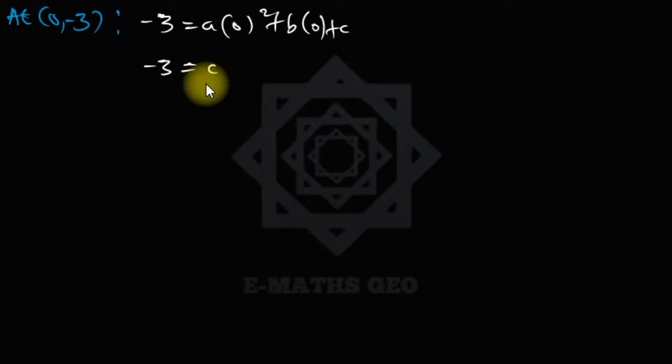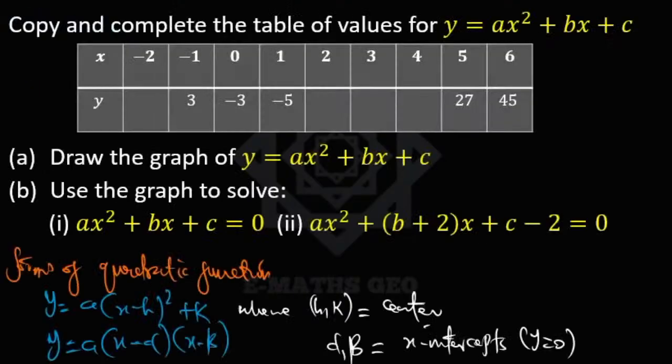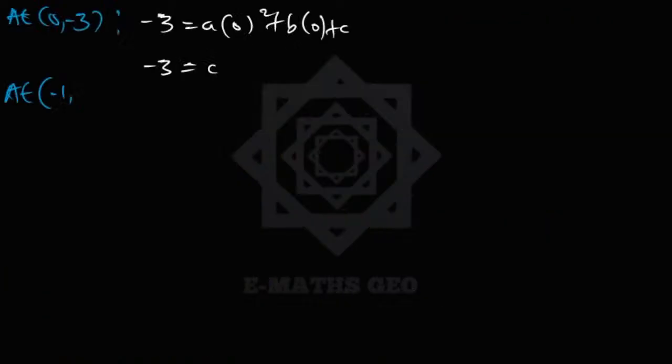So let's choose another point, x equals minus 1, y equals 3. So we substitute again. 3 equals a times minus 1 squared plus b times minus 1 plus c.